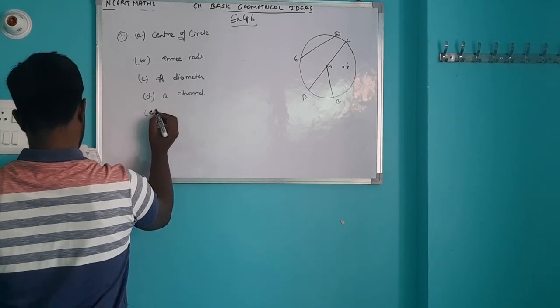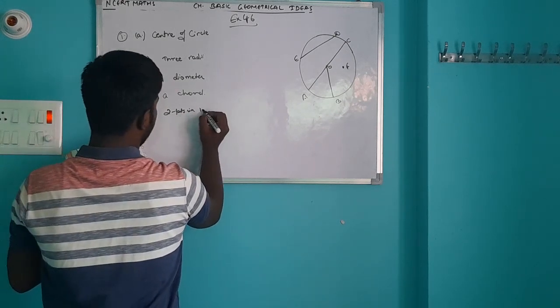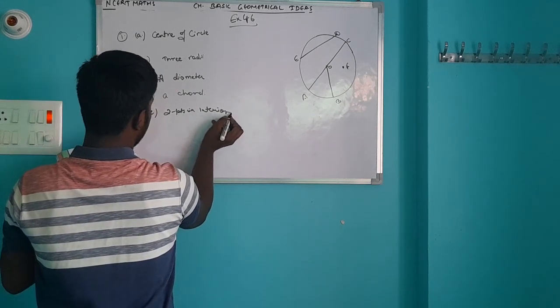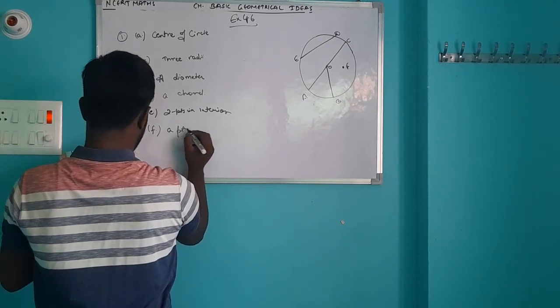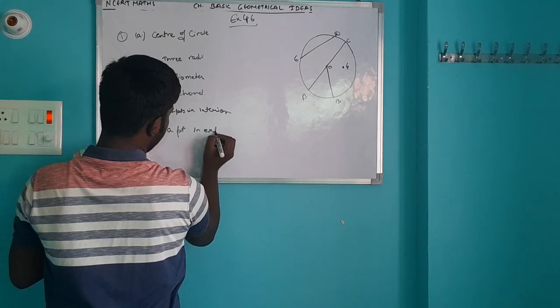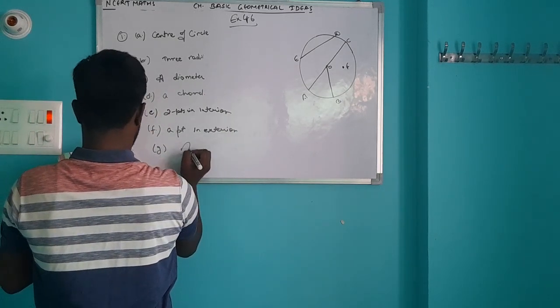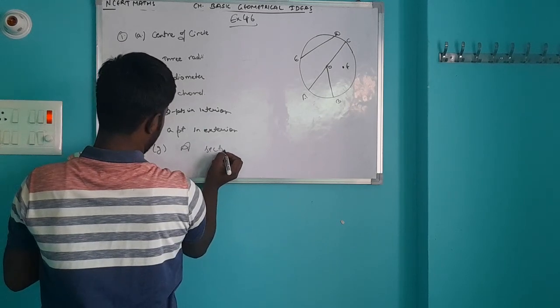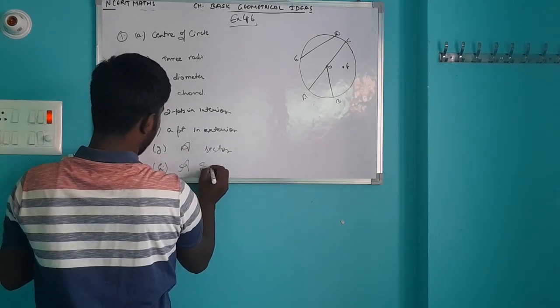In E part we have 2 points in interior. F part we have a point in exterior. A sector. Last one is a segment.